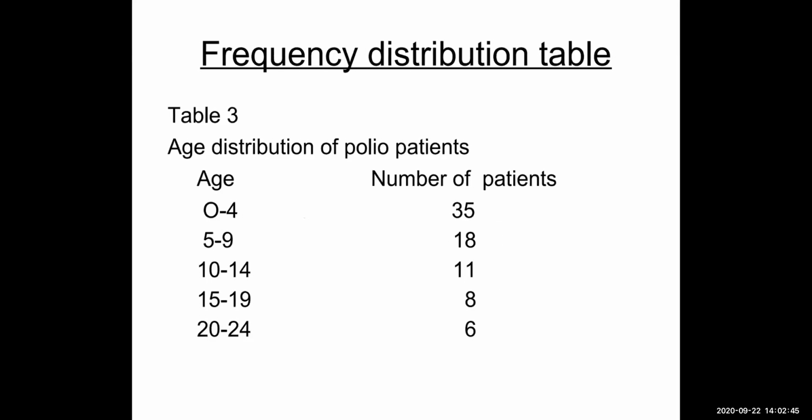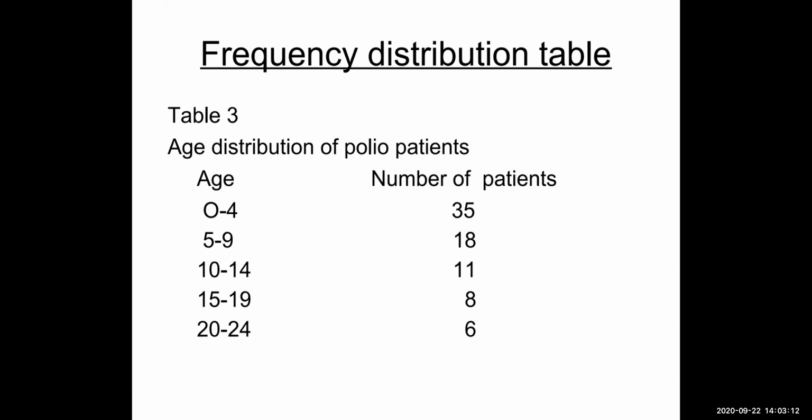This is the example of frequency distribution table. We have age and number of patients, age 0 to 4, 5 to 9, 10 to 14, and so on. And let's say, for example, under the age of 10 to 14, there are 11 patients. So it is very easy to analyze how many patients are falling under the category of 20 to 24.